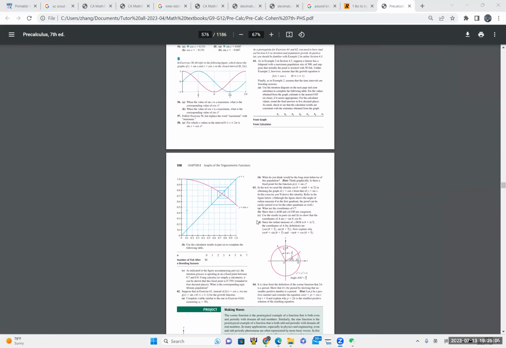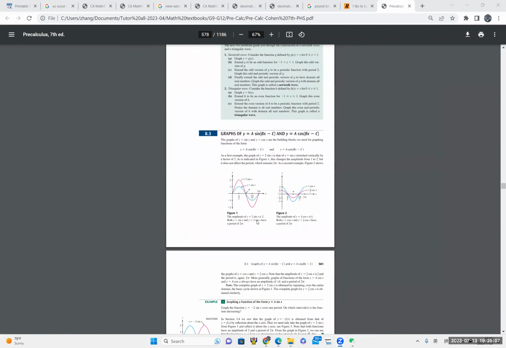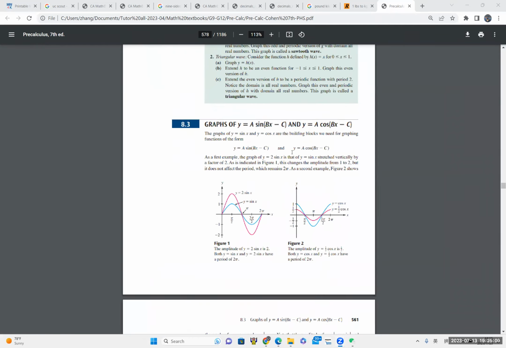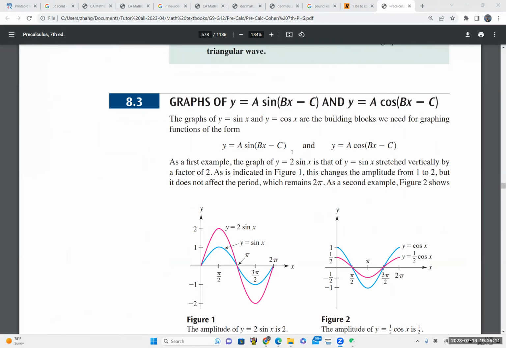Okay, let's pass through this section. Graph of transformations. If you are good in the knowledge of function transformation, then this is not hard for you, right?